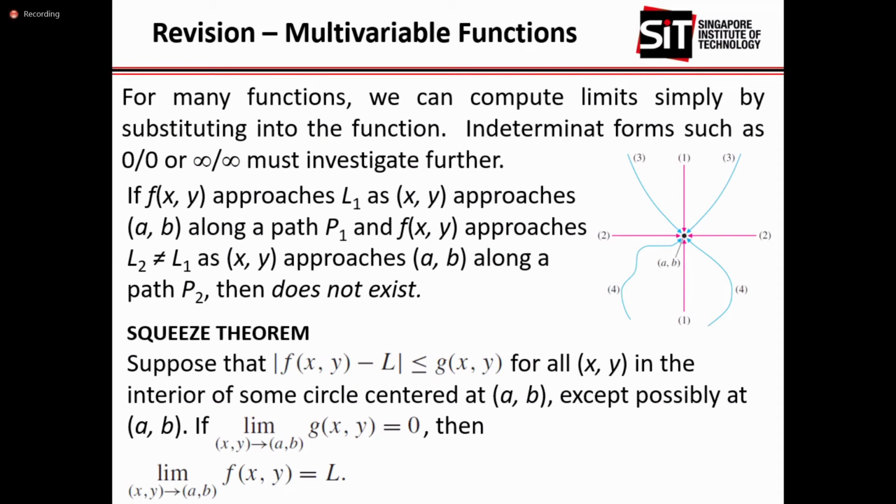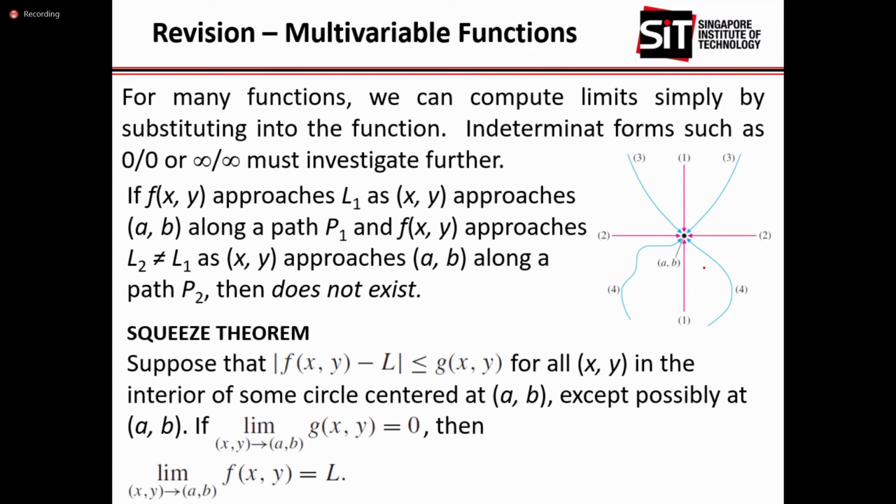We've mentioned that we can approach that point, A, B, from an infinite number of directions. So you can see here that we have 8 possible directions, all approaching the point A, B from a constant x value, from a constant y value, or along random curves.